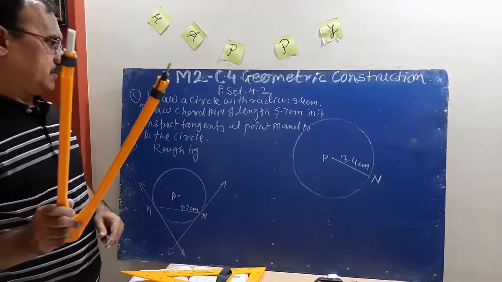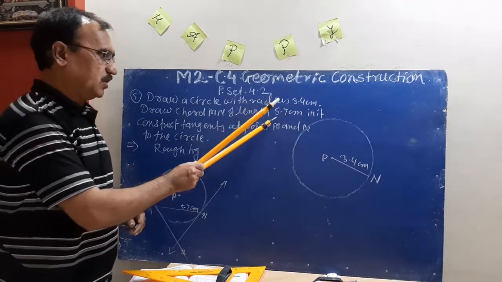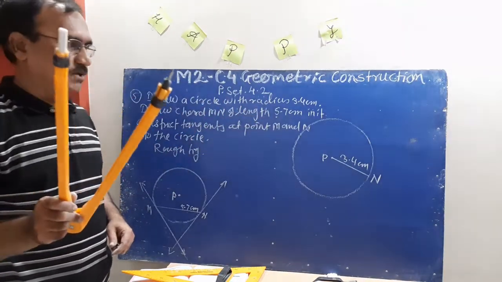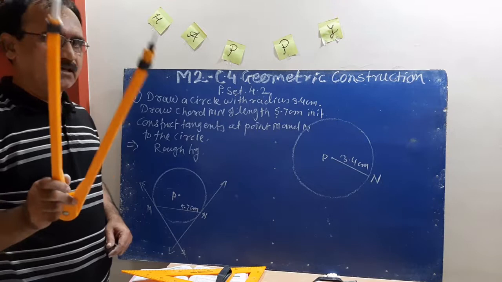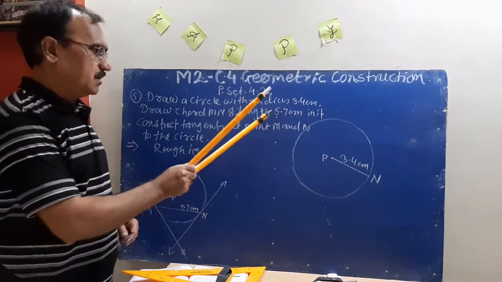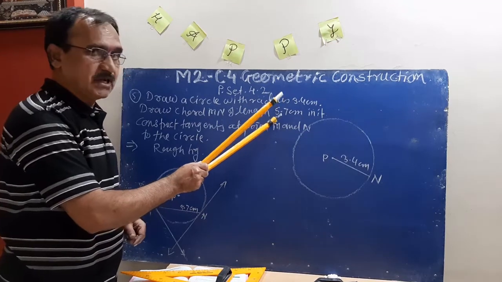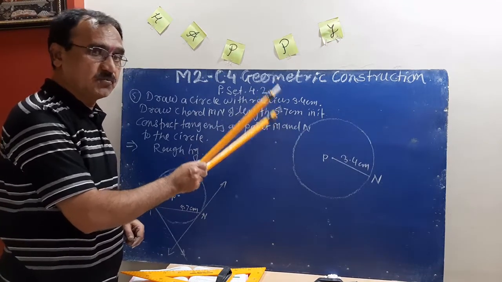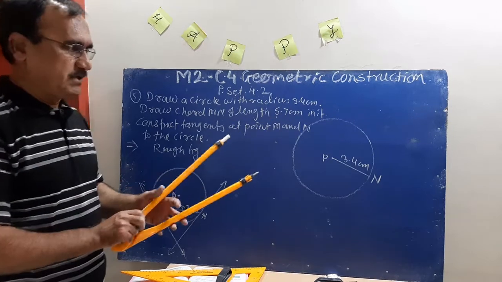Then take radius 5.7 with the help of a scale. Take accurate distance with the help of the scale. Having length 5.7, that means we have to construct the chord first, having length 5.7.